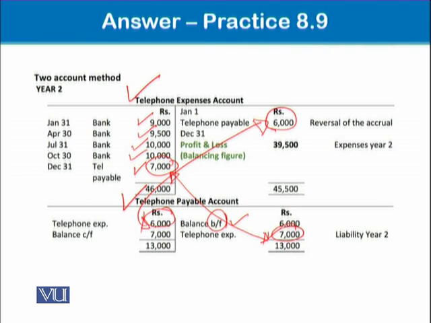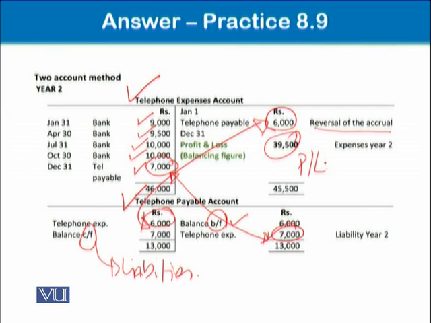Since we have shown all this payment over here, so we have to subtract this 6,000 by giving debit to the telephone payable account. Its accounting entry, we have already discussed that this is reversal of the accrual. Okay, well, so by doing this, the carry forward balance of this telephone payable will be taken to our liabilities in the balance sheet, and this will be taken to profit and loss account as our expense.